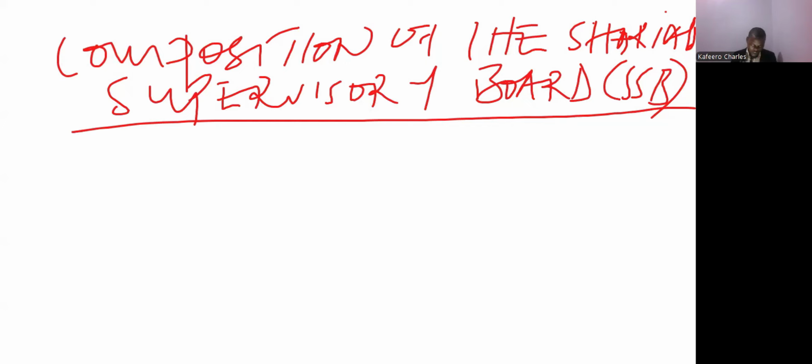So, Islamic banking requires the establishment of a Sharia supervisory board. In other words, if, for example, one of these commercial banks, let's say Centenary, wants to introduce Islamic finance banking, then there must be an Islamic supervisory board to make sure that they keep on following up on what is done by these banks.